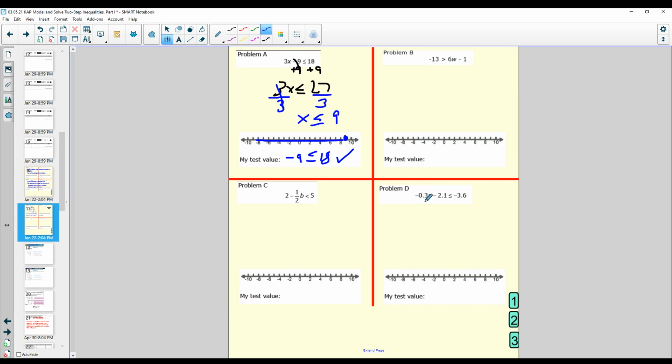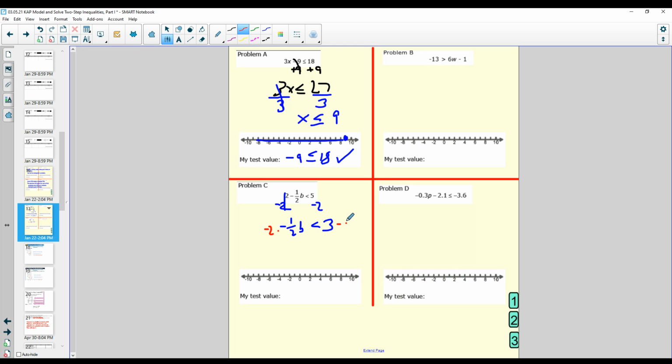So again, I see this, I cover up the b. How do I get rid of 2? I subtract 2 on both sides. Cancel. So I'm left with negative one half b is less than 3. Now, how do I undo a dividing? I multiply both sides by negative 2. This is a multiplying.